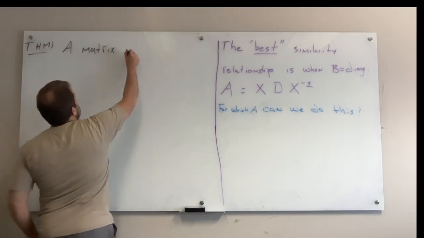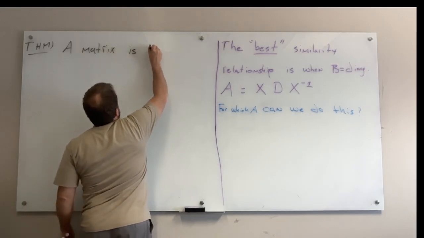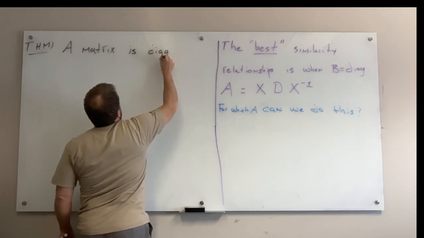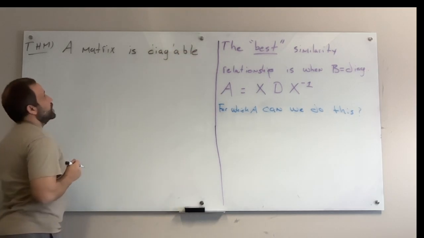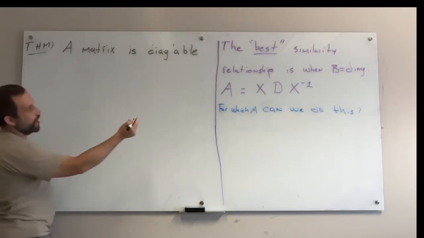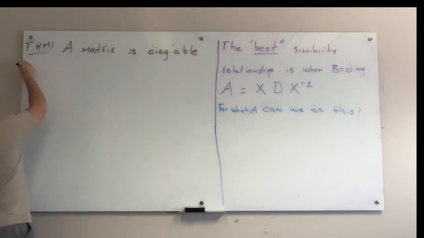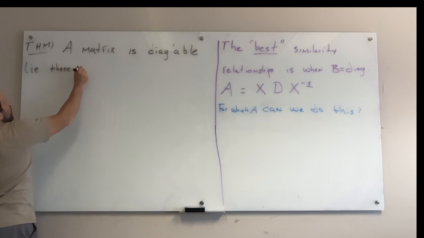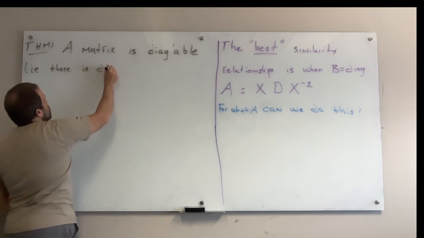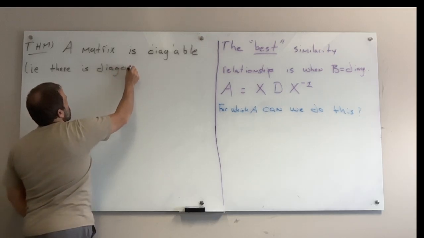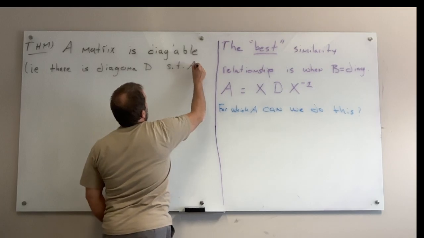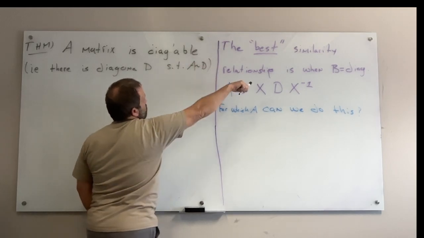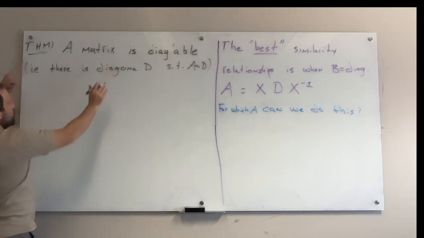A matrix is diagonalizable, which means, i.e., there is a diagonal D such that A is similar to D, where the similarity relationship is what I have erased here.